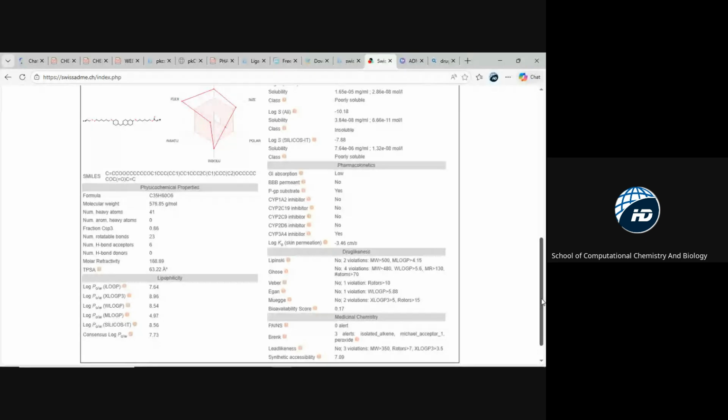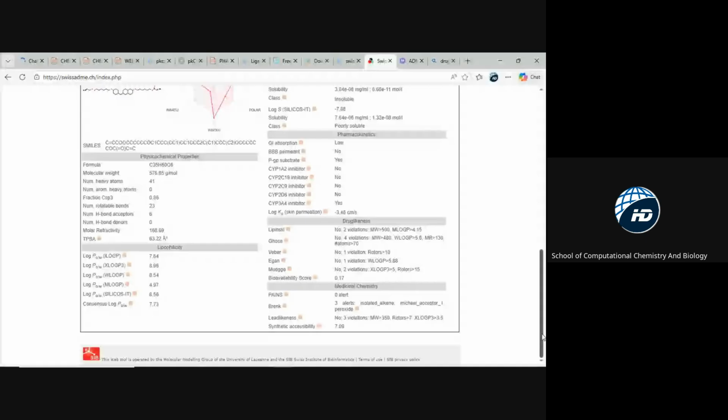So we'll do without it for the sake of the training, but I know you can pick it from Swiss ADMET and combine with your own, because I'm sure it must be here. Okay, so this is the molar refractivity, 168.69.